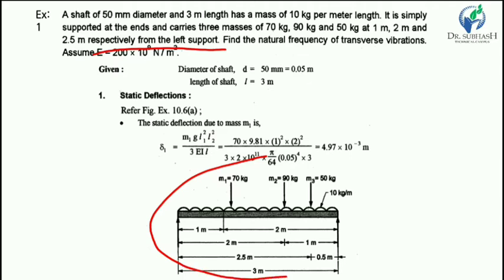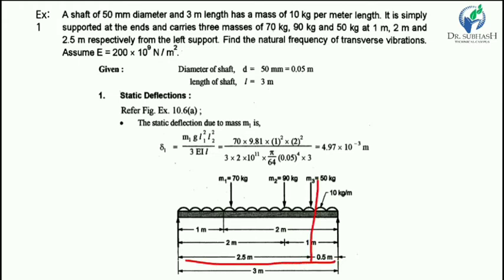In this figure, the three masses are placed at 1 meter, 2 meters and 2.5 meters from the left support. Mass 1, mass 2 and mass 3 are placed onto the shaft: mass 1 is 70 kg, mass 2 is 90 kg and mass 3 is 50 kg.